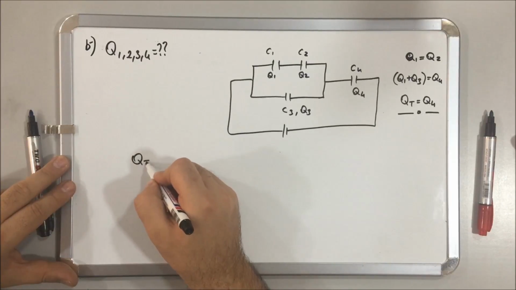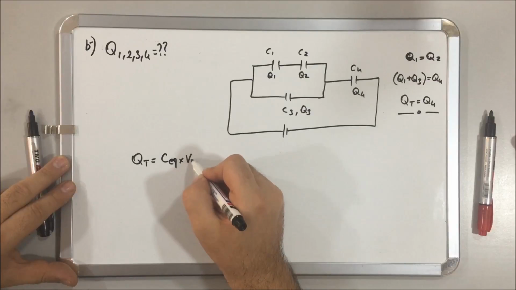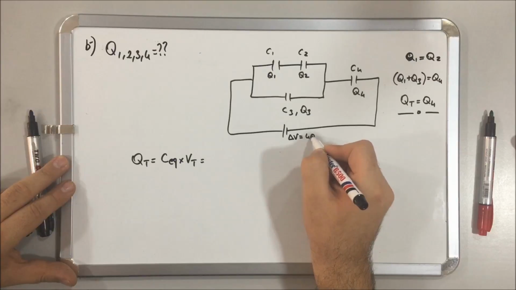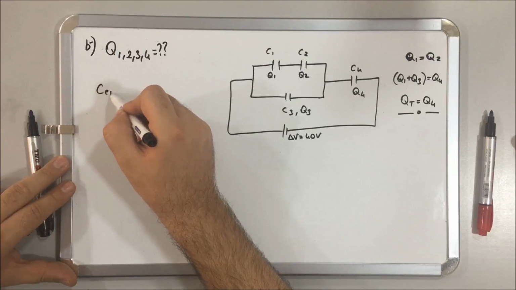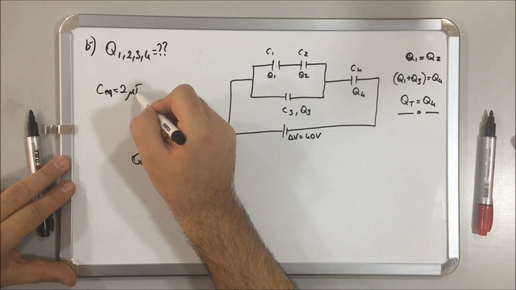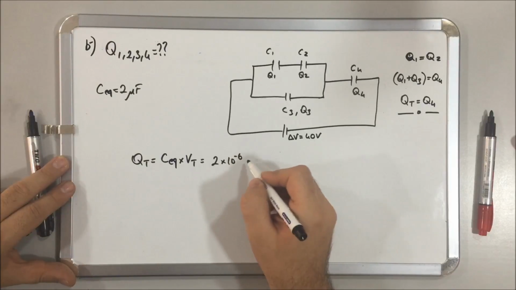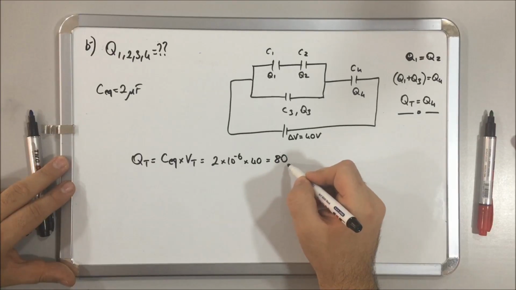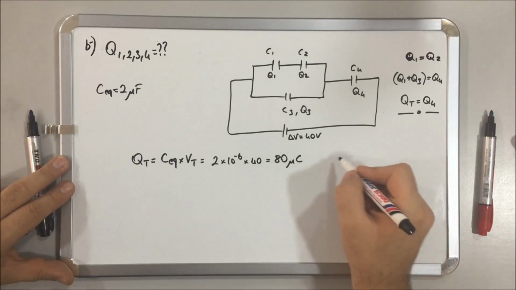So Q total is equals to C equivalent times V total. And delta V is equals to 40 volt. And C equivalent, as we calculated from A, is equals to 2 microfarad. So 2 times 10 to the power of minus 6 times 40. So it will be 80. We can write it 80 times 10 to the power of minus 6, 80 microcoulomb.